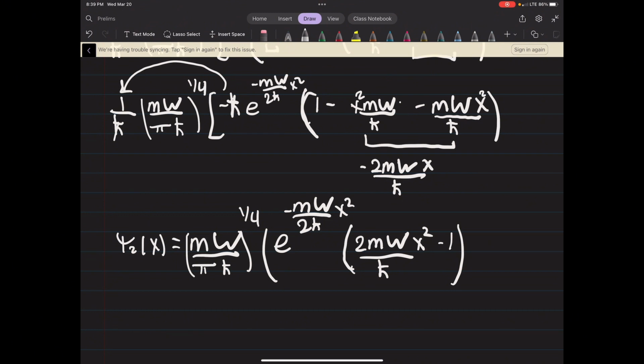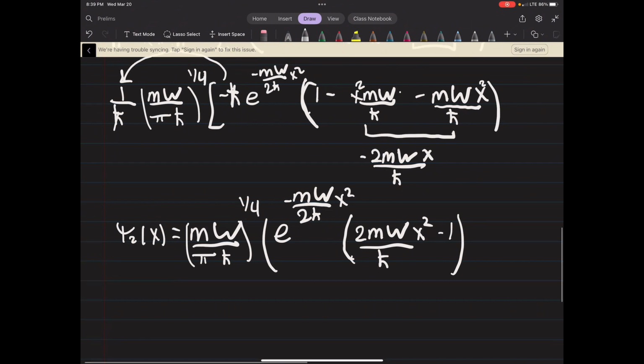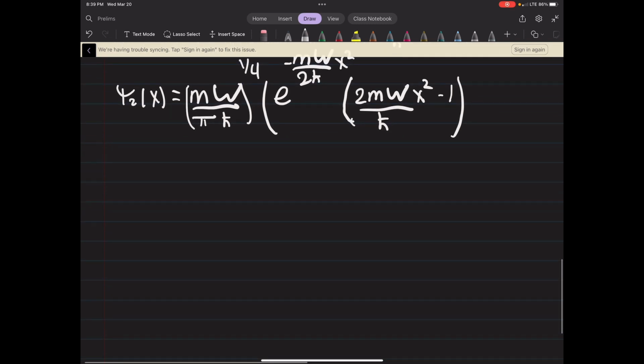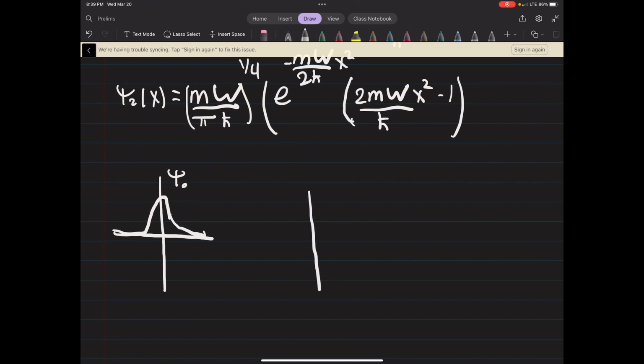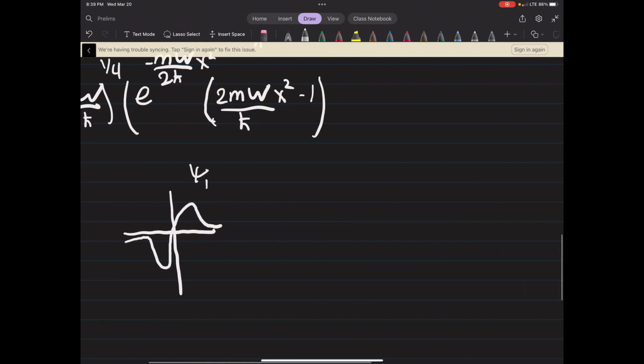So to graph this is pretty easy. You can just plug this into any sort of graphing calculator, and you'll get something that looks like this. For psi naught, for psi 1.